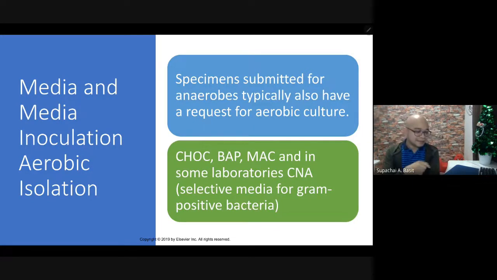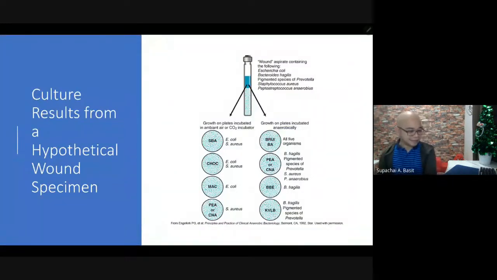And then specimens submitted for anaerobes are also requested for aerobic culture. Meaning to say, when the doctor sends a suspected specimen to the lab, the doctor would be requesting both aerobic and anaerobic culture.